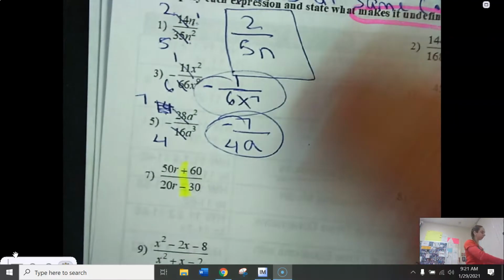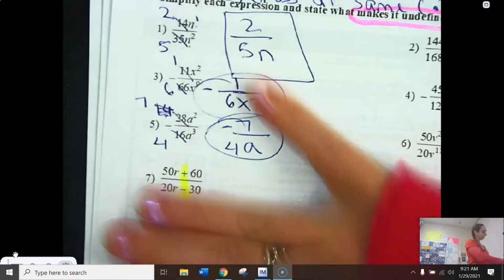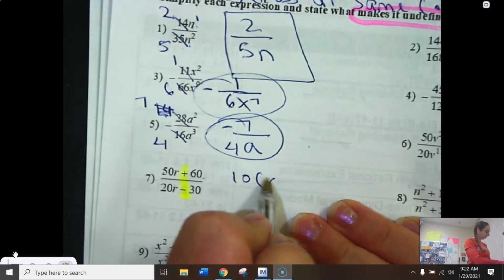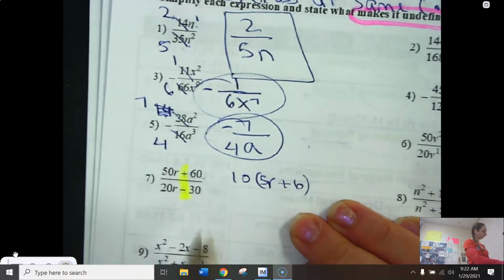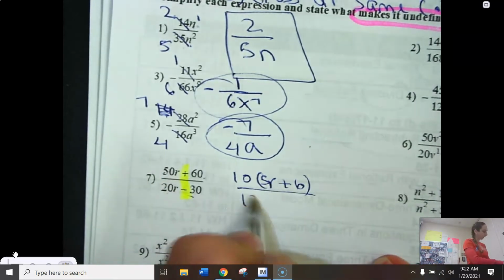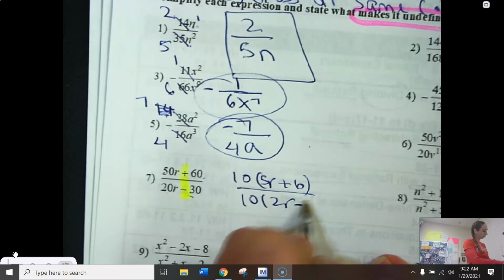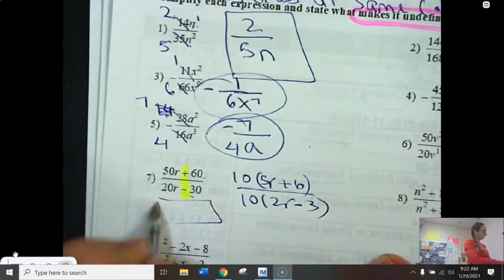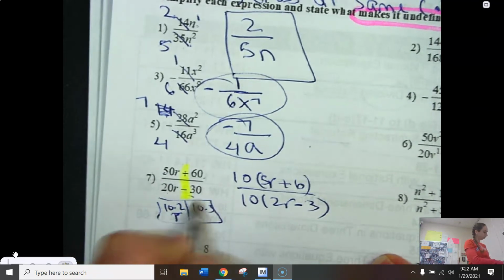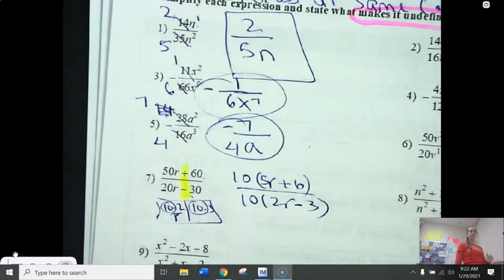All right, so I look here and I'm going to factor the top. What number goes into 50 and 60? 10. Now I'll be left with 5r plus 6. What number goes into 20 and 30? 10. And I'm left with 2r minus 3. If you want to do the box to see 10, 2r, 10, 3, great.